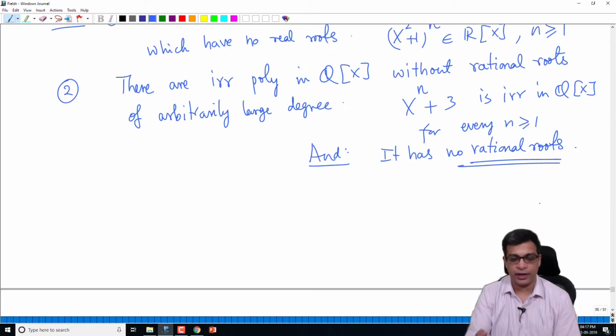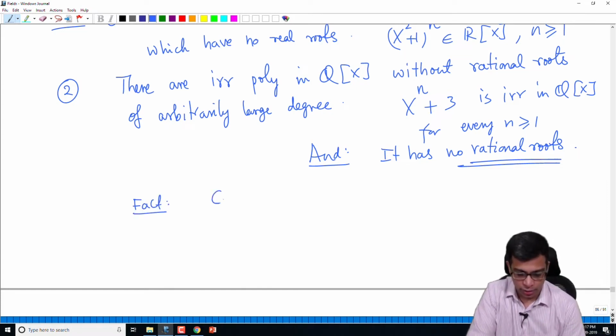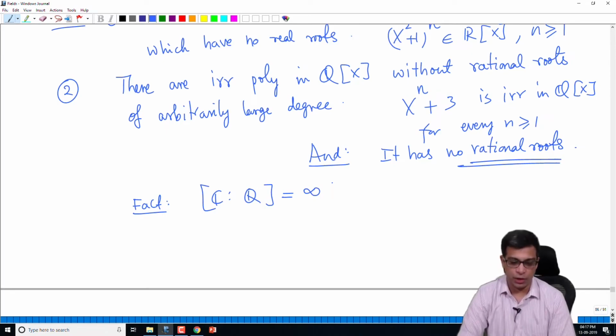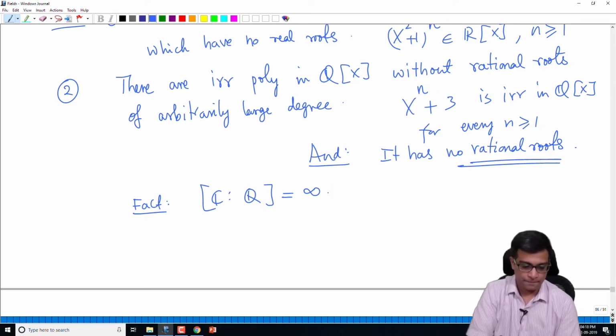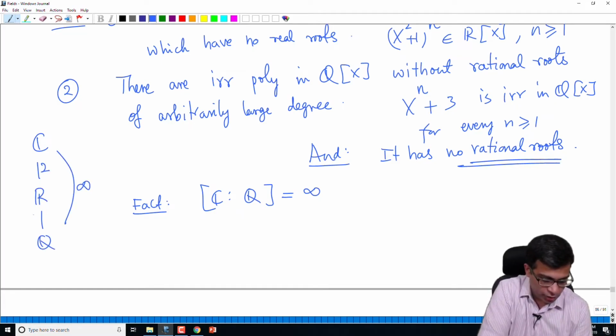So this is reflected in the fact that, and this I will not prove, it requires an actual argument, but one can prove this, and as an exercise you can try to do this, the extension of C over Q has infinite degree. So you have C, R and Q. This is true, but this is infinity, and so is this.